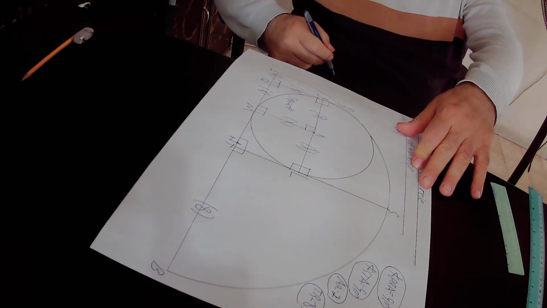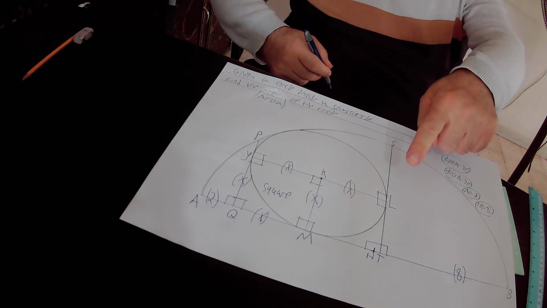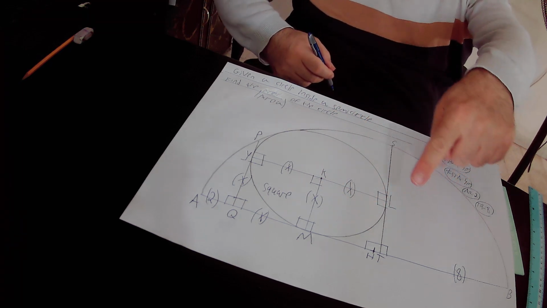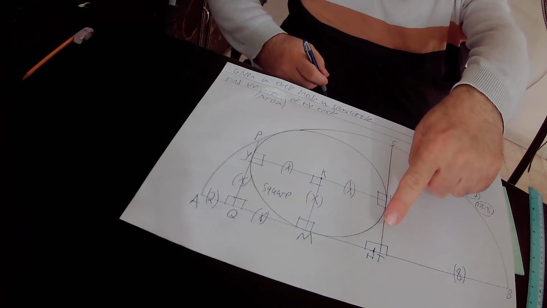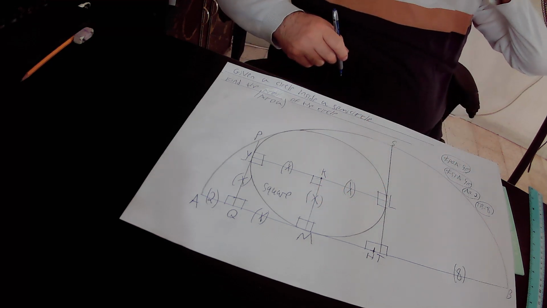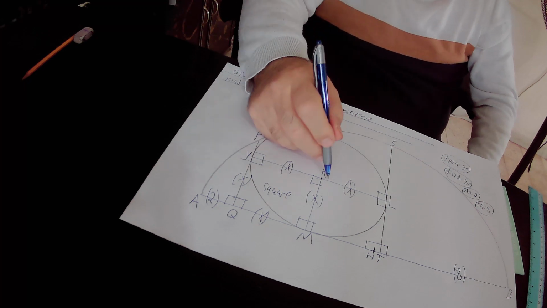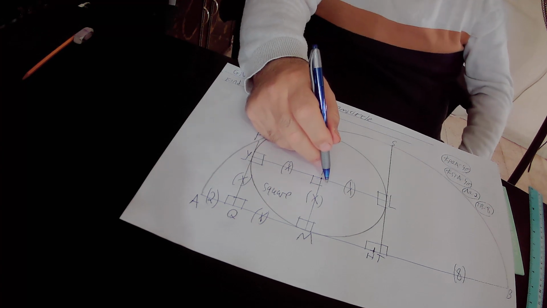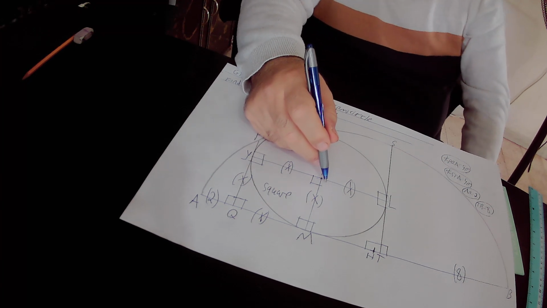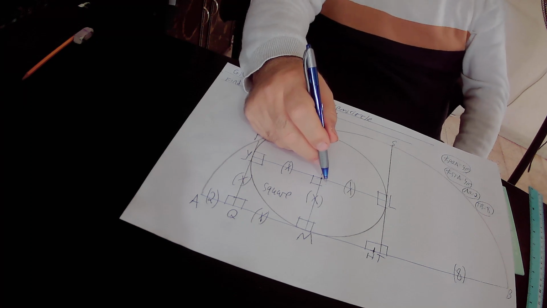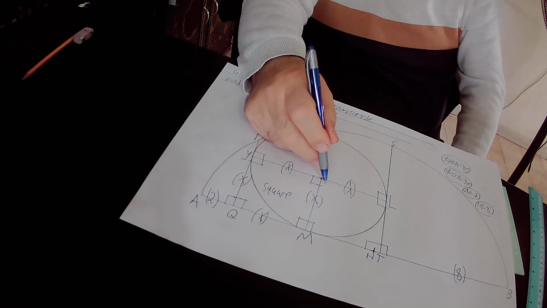So inside the small quadrilateral KLTM, we have 1, 2, 3 right angles. The sum of 3 right angles is 270 degrees, so 270 degrees plus the size of this fourth angle, in total they must be equal to 360 degrees according to the rule that the sum of the angles in any quadrilateral is equal to 360 degrees.